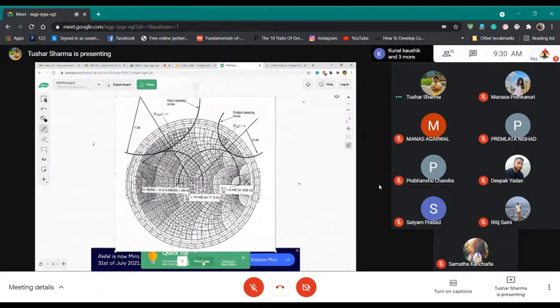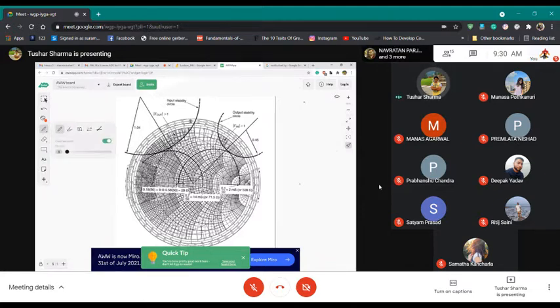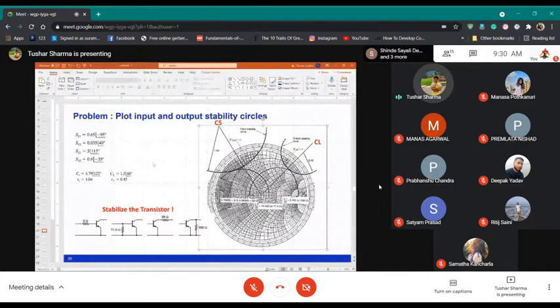So this is that particular example, and if you see here, this will make it very clear that this is your input stability circle, and this is your output stability circle. Again, going back, CS for input, RS for input, CL for output, RL for output. L is load, S is source. CL is 1.3 angle 48.